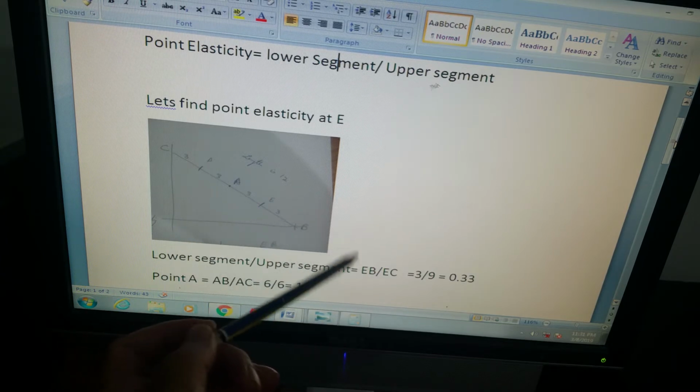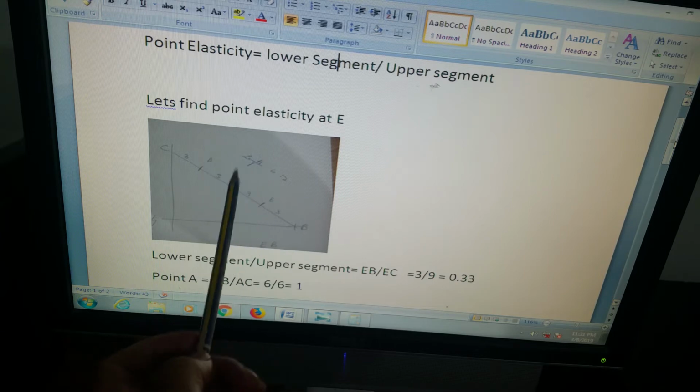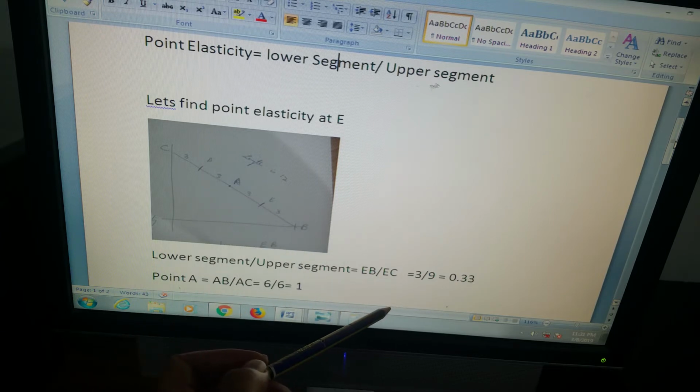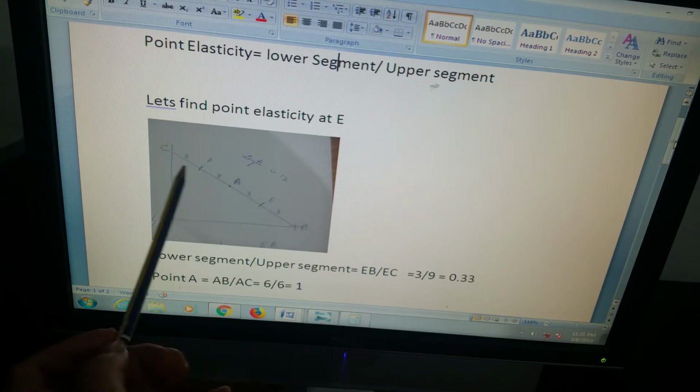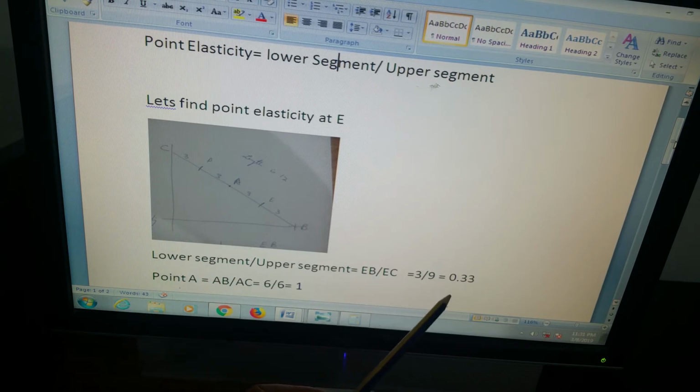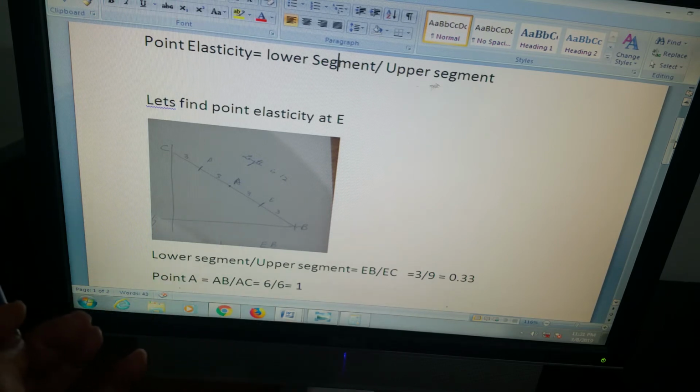Now you simply plug in the value of the lower segment and divide it by the upper segment. The lower value will be 3, because we've divided the line equally. So the line was 12, we divided equally, so this is 3, and the upper is 9, so 3 divided by 9, 0.33. Finish, that's the elasticity.